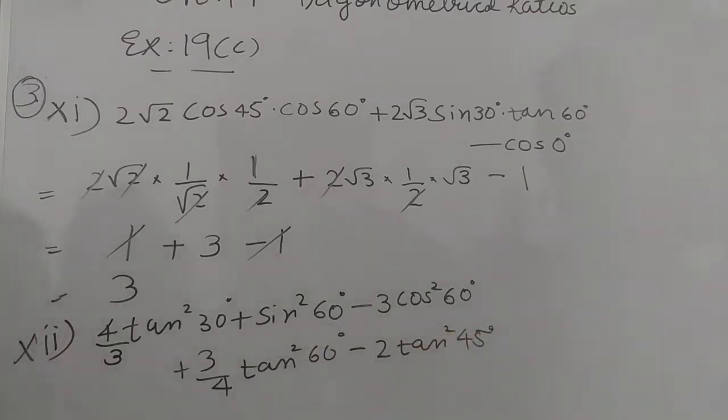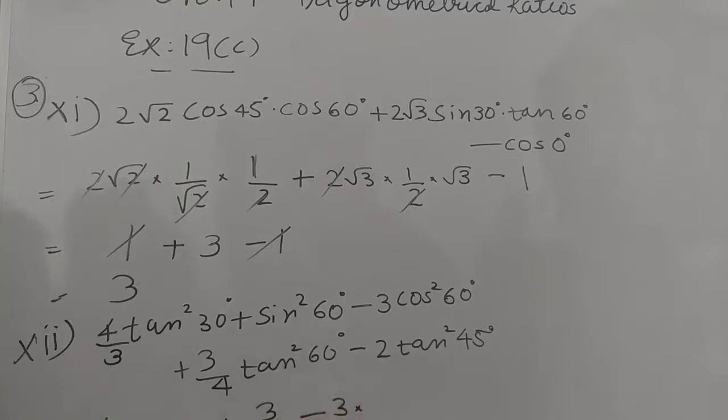Students, same way you can solve questions 1 to 4, which I have left in between. So 4 by 3 tan 30. Tan 30 is 1 by root 3, so squaring it 1 by 3, plus sin 60. Sin 60 is root 3 by 2, so squaring it 3 by 4, minus 3.